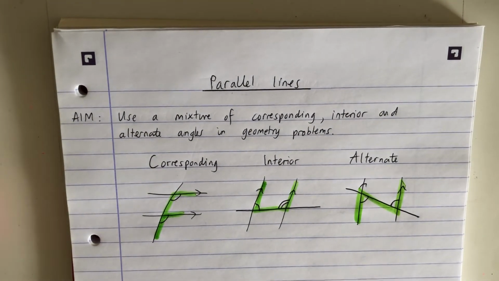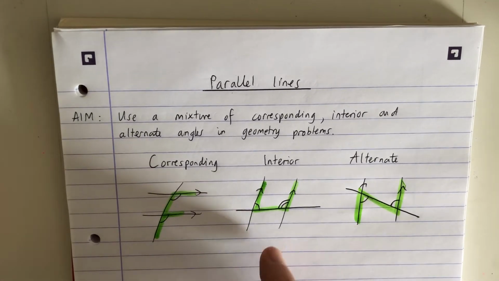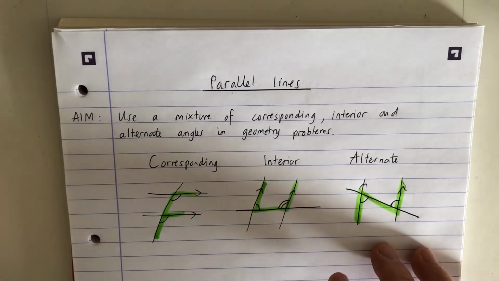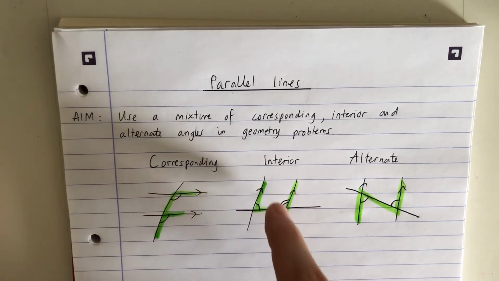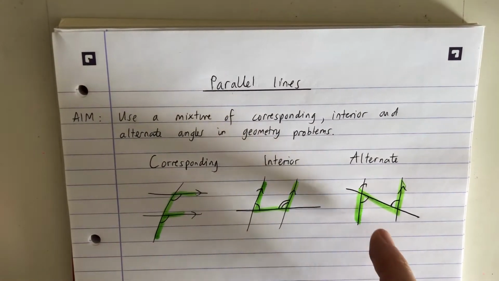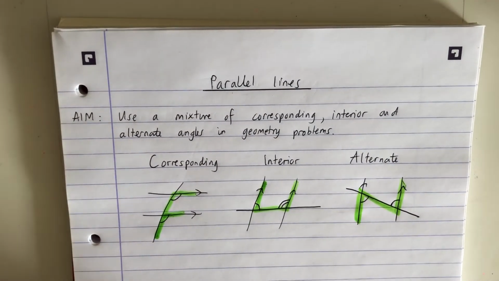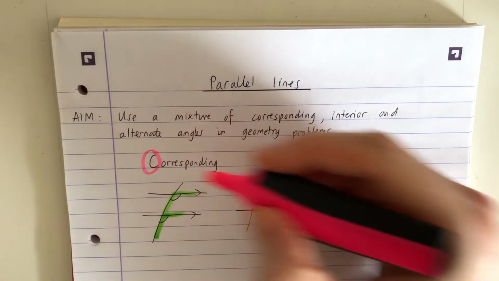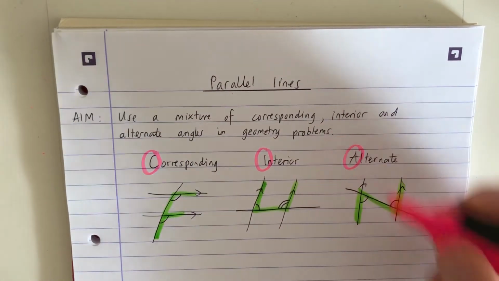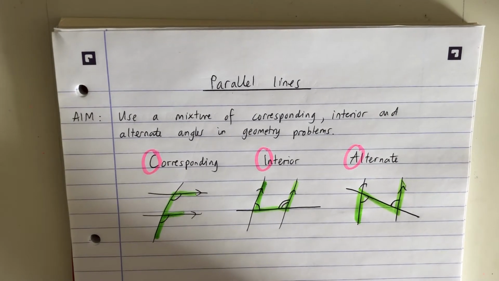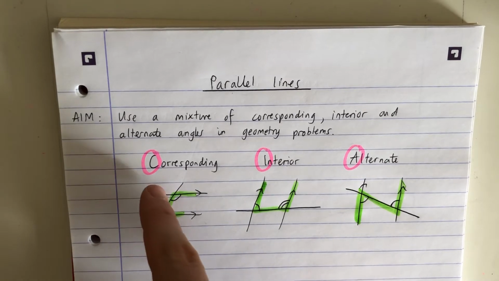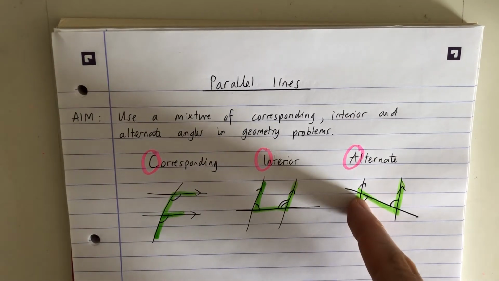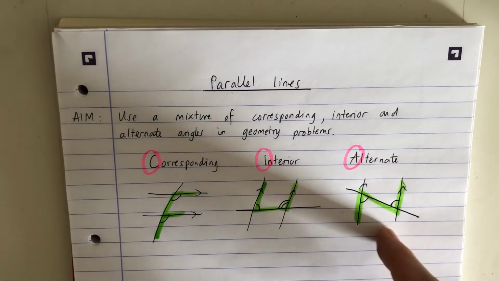Now, one way to remember this is, obviously that spells out F-U-N, the word fun. So corresponding is F, interior is U, alternate is N. And if you link the letter C for corresponding, I for interior and A for alternate, you can memorize this as CIA, F-U-N, fun.